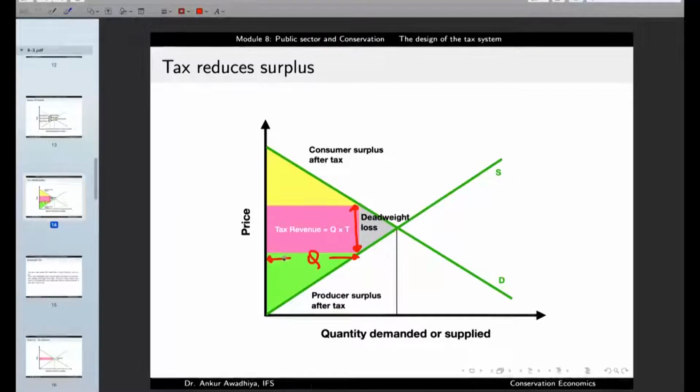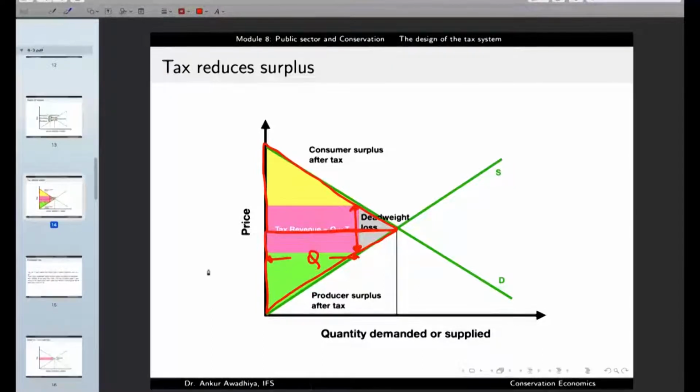Now multiplication of Q, which is the quantity demanded or supplied, with the T or the tax size will give us the tax revenue. So earlier we were having a situation in which we had a large consumer surplus, which was given by this triangle, and a large producer surplus, which was given by this triangle.